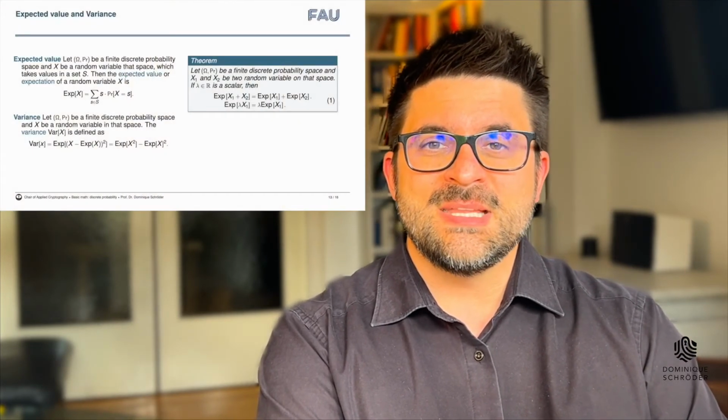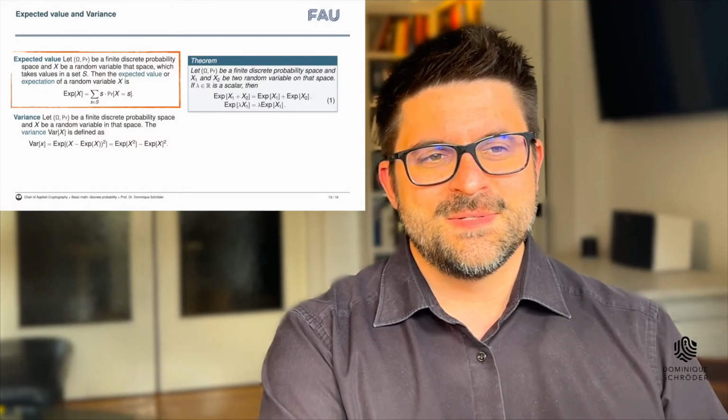In many cases, we are interested in understanding what the expected outcome is. For example, if I throw the dice twice, what is the expected outcome that I will actually have? And to analyze this, we need the notion of expectation, which is defined as follows.